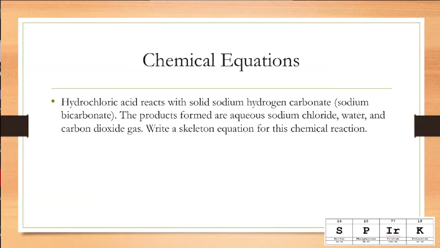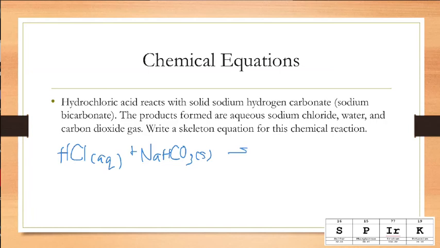We know that hydrochloric acid is HCl, and HCl is a solution, so that's going to be AQ, and we're adding sodium bicarbonate to that, which is NaHCO3. And we know that NaHCO3, or baking soda, is a solid.